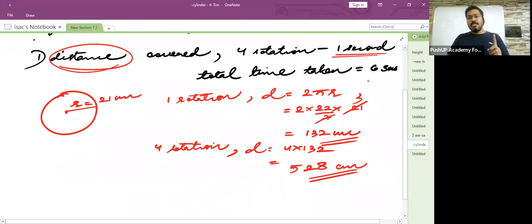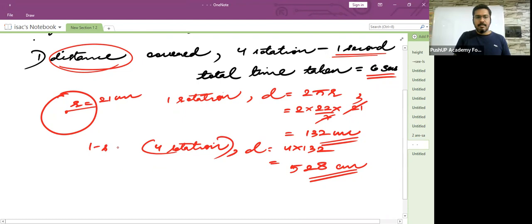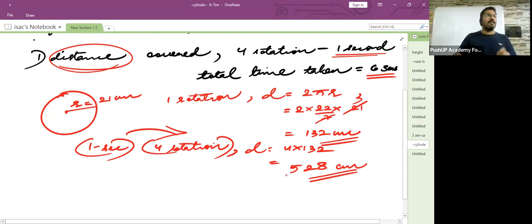Now, children, for how much total time did the wheel rotate? 6 seconds, isn't it? So in 1 second, which means 4 rotations, the distance covered is 528. Total, how many seconds is it traveling? 6 seconds.